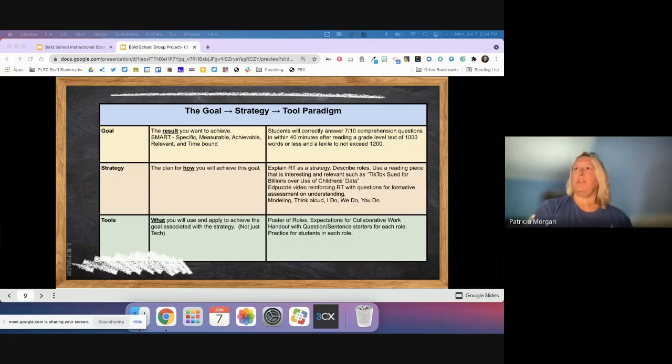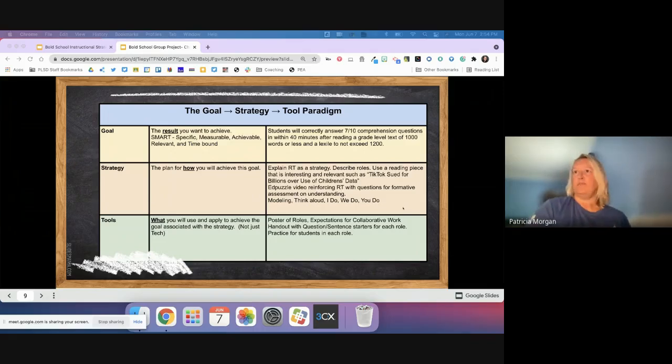So the plan would be explain the reciprocal teaching as a strategy, describe the roles, use a reading piece that's interesting and relevant. So anytime you're trying to teach one of these strategies, I think it's recommended that you use something simple to start, that's maybe not your content or something that's interesting for students.